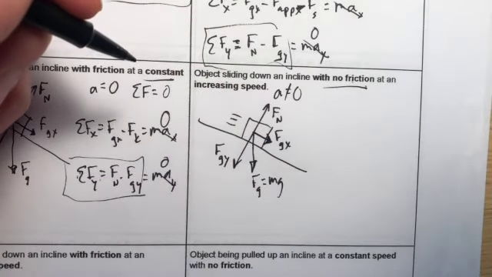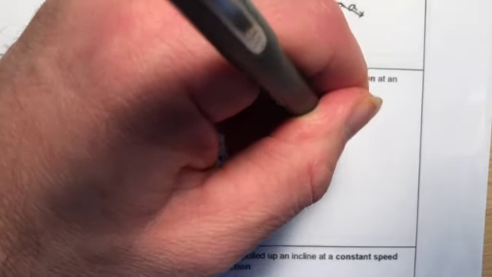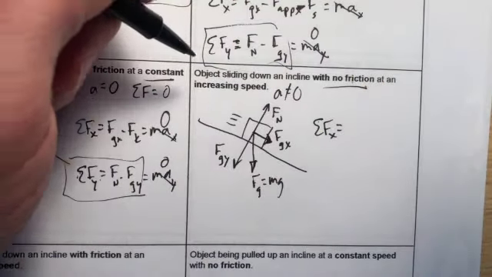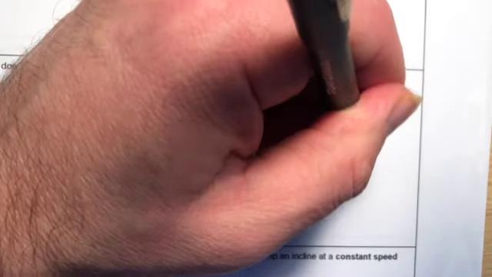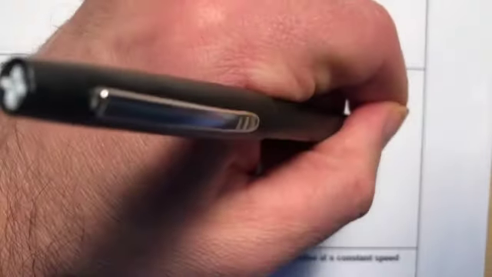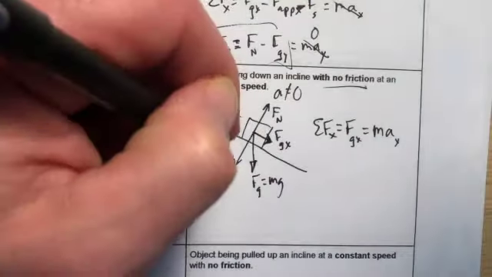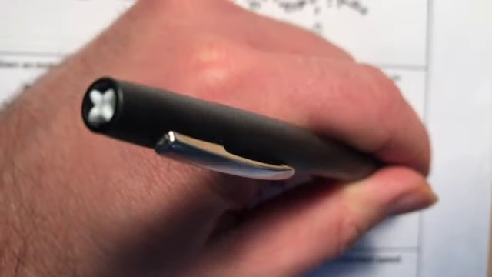All right? And so in the x direction, I only have one force because there's no friction, and that's Fgx. And it says there is acceleration, so that's max, and that's my x equation. In the y direction, guess what? Same thing. Fn minus Fgy equals may, which is 0.